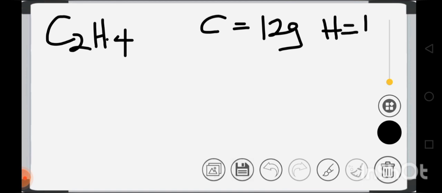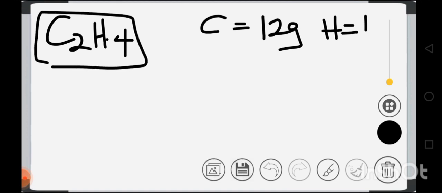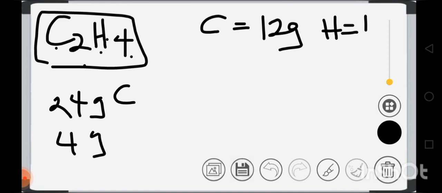Now, you discover that in this sample of ethane, if I have 2 times C, that is 2 times 12, that is 24 grams of carbon, I'm going to have 4 times 1, 4 grams of hydrogen.